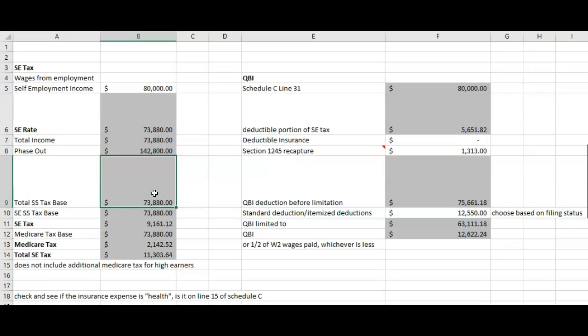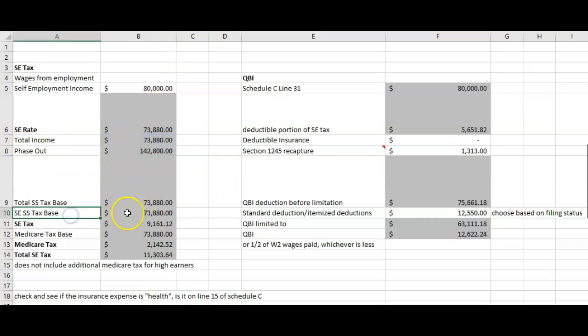The total Social Security tax base is going to be the lesser of $73,880 or $142,800. So basically, this Social Security tax base that I'm using will never be based on anything greater than $142,800. The formula is equals MIN, parentheses, B7, B8 for the two cells that I have here, so that it's going to enter the smaller of the two numbers.